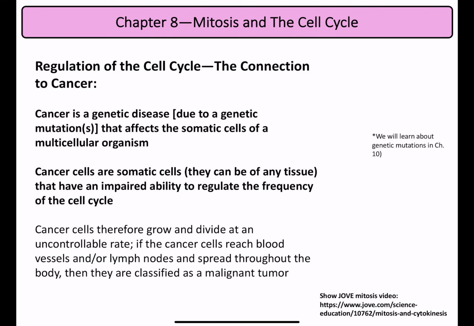We're going to learn more about genetic mutations in Chapter 10, but a mutation is any random, unfortunate, accidental change to your genetic material, like changing a nucleotide from an A to a C, or whatever.